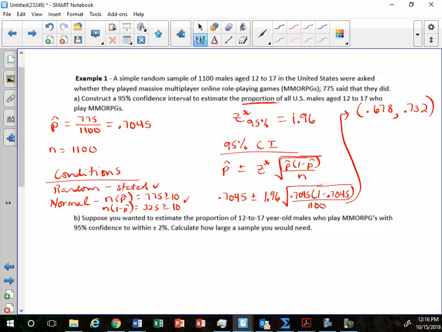Yep, sure. It's like interval rotation. Oh, and you're doing your answer. Hold on.